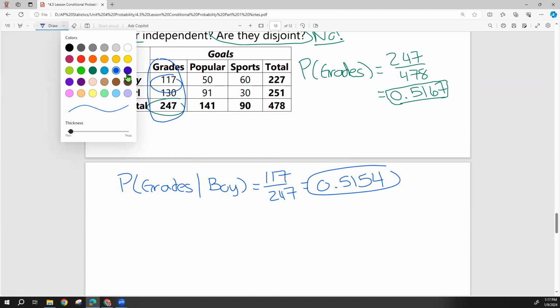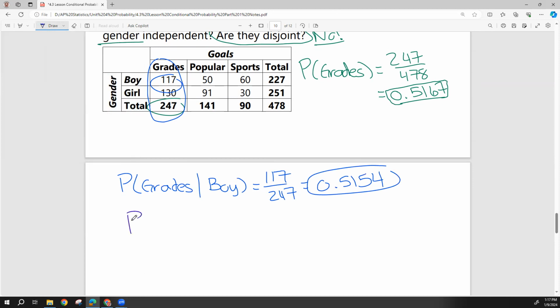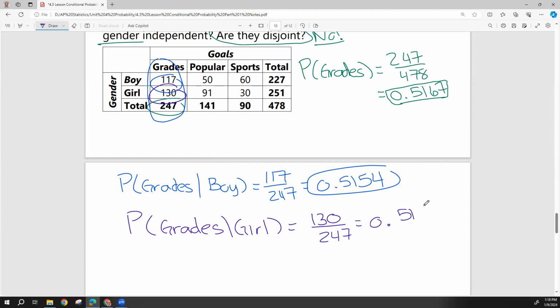We'll take it one step further and find the probability that grades was most important given that you are a girl. So we'll look at both. There are 130 girls in that column out of the 247, which is 0.5179.